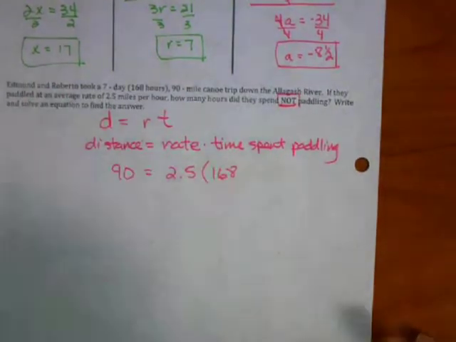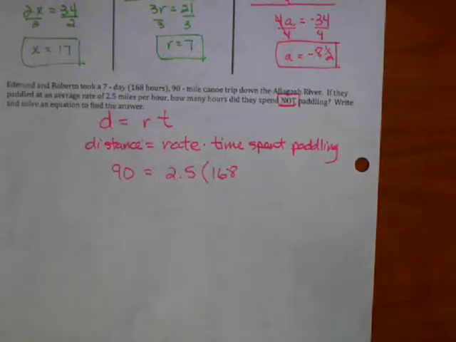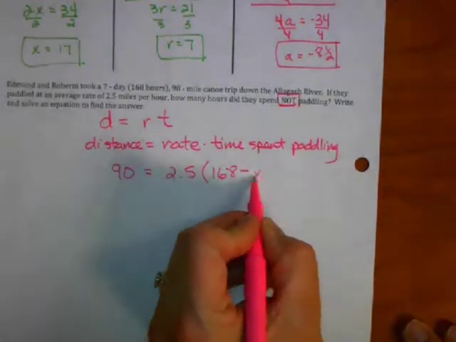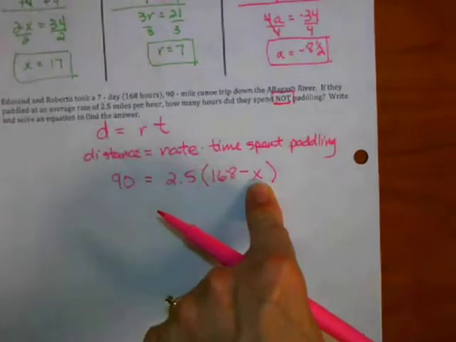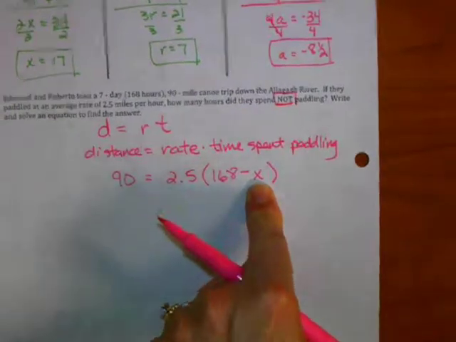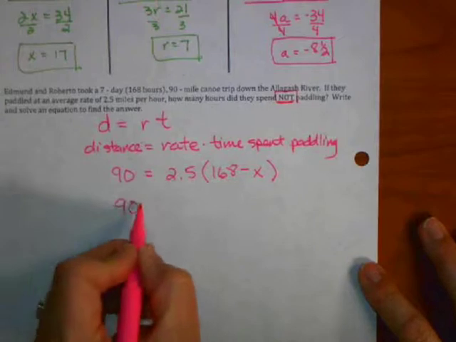Okay, I can't leave it like that because I want to know how many hours I spent not paddling. So I got to take away from the total. You're right. It would be minus x. However many hours I didn't paddle. That's my x. So now I distribute.